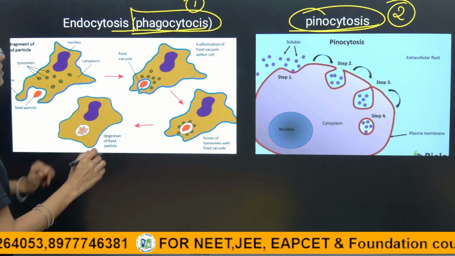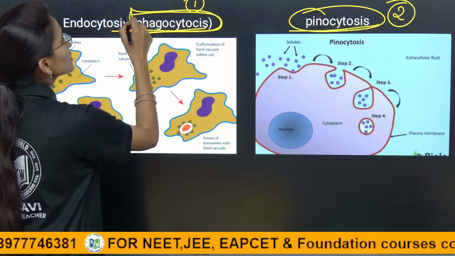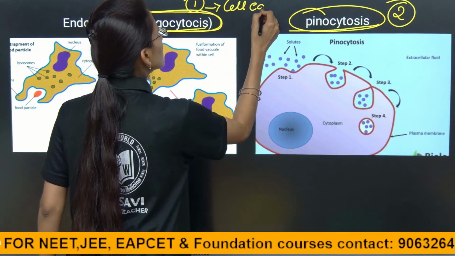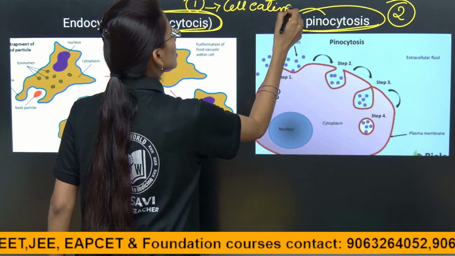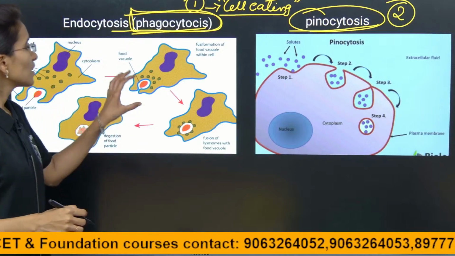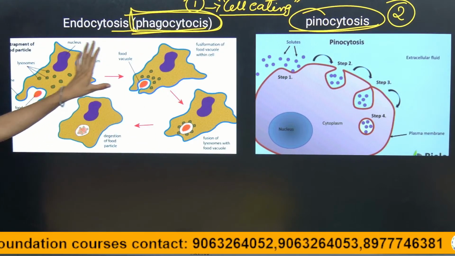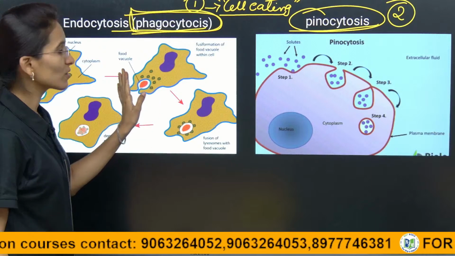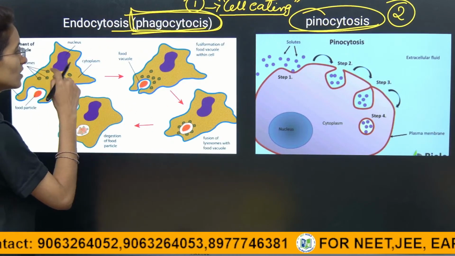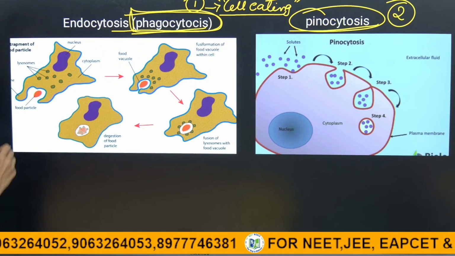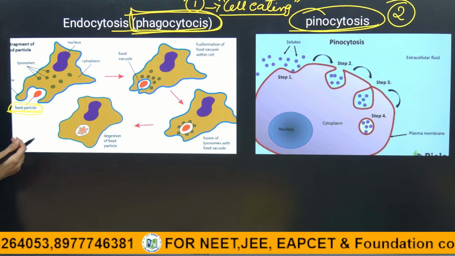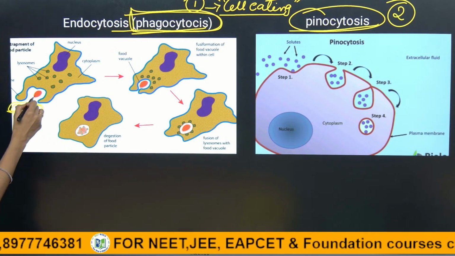So now you look here, phagocytosis is also called the cell eating process, cell eating transport. We are studying this in amoeba. This is an example of how phagocytosis occurs in amoeba. Here are some large food particles which are present here.